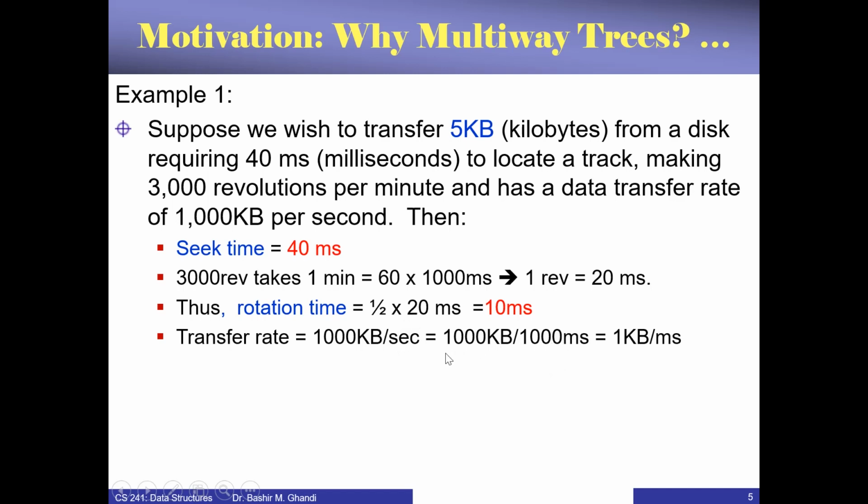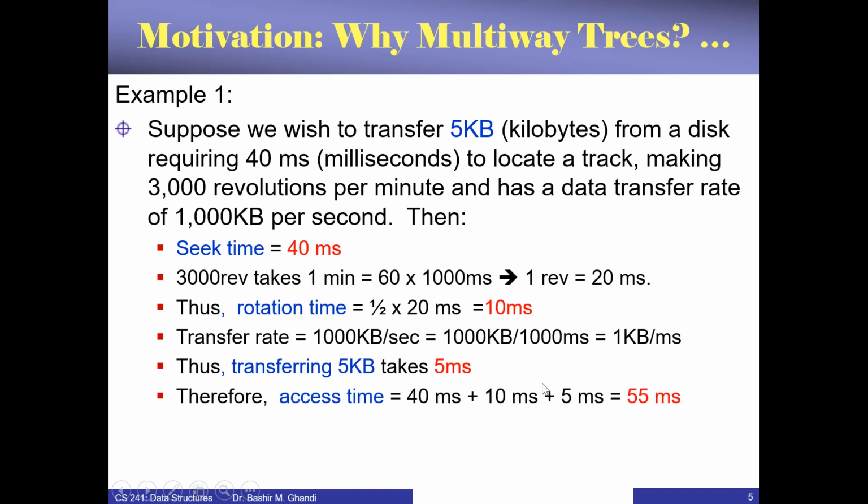So the transfer rate is 1000 kilobytes divided by 1000 milliseconds, and therefore it's actually 1 kilobyte per millisecond. In other words, 1 kilobyte is transferred in 1 millisecond. But we have 5 kilobytes to transfer. Therefore, the transfer time for our 5 kilobytes will be 5 milliseconds.